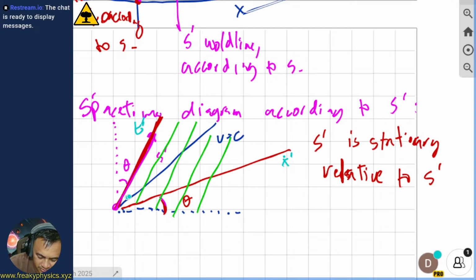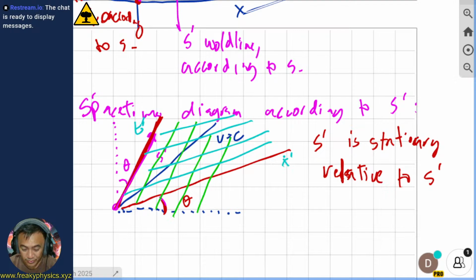So what's going to happen here? We're going to do something like that. You see what's happening here now? It's kind of weird, but it makes sense, I hope. So this graph is in terms of S prime. And what is the point of these lines?